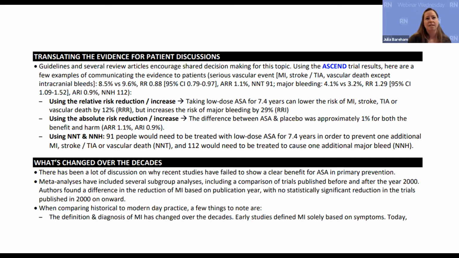I like using numbers needed to treat. Sometimes that risk reduction helps, but saying, you know, if we treated 91 people with low dose ASA for 7.5 years, we might prevent 1 heart attack or 1 stroke or 1 TIA. But even though we prevented that 1, we're going to have 1 out of 112 are going to bleed.